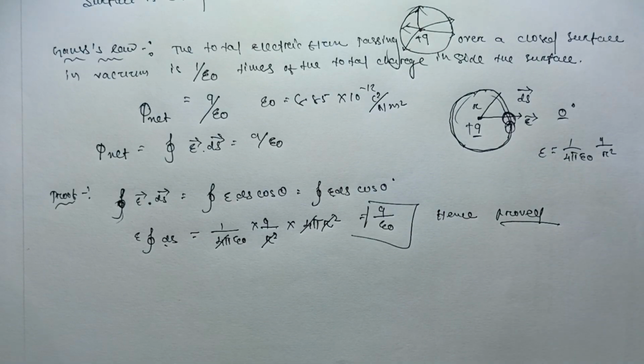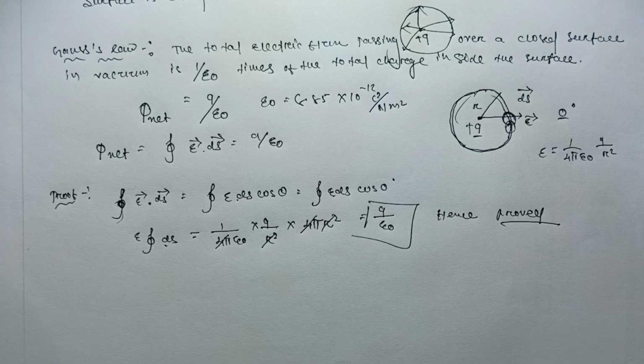So basically Gauss law states how we find the electric flux in a closed surface. So the total electric flux passing over a closed surface will always be the ratio of total charge upon epsilon naught.